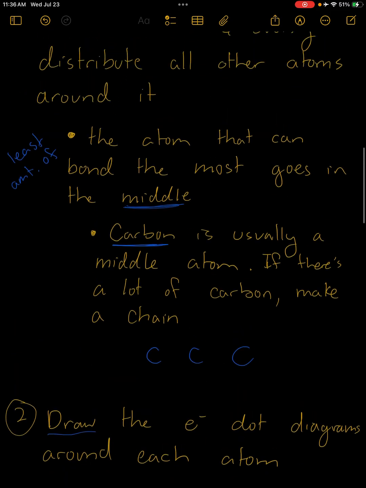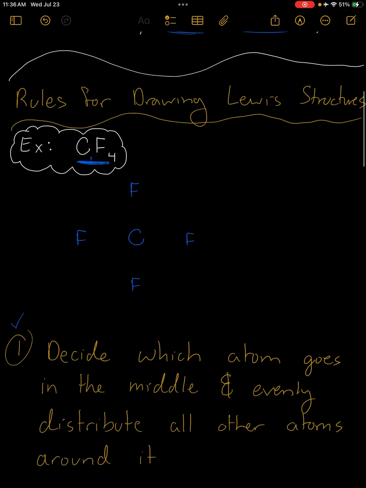All right? So let's go back up here and let's draw our electron dots for every single atom. We know carbon has 4 because it's in group 14, so I'm just going to draw those 4 dots. Fluorine is in group 17, so it's going to have 7 valence electrons. And remember, we only start pairing them up after 4. So we draw 1, 2, 3, 4, 5, 6, and 7.